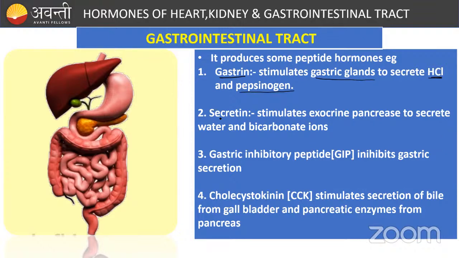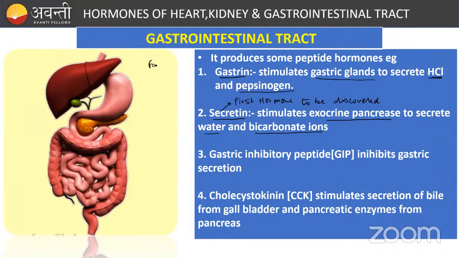Now the second hormone is secretin. Secretin is the first hormone to be discovered. It stimulates the exocrine pancreas to secrete water and bicarbonate.